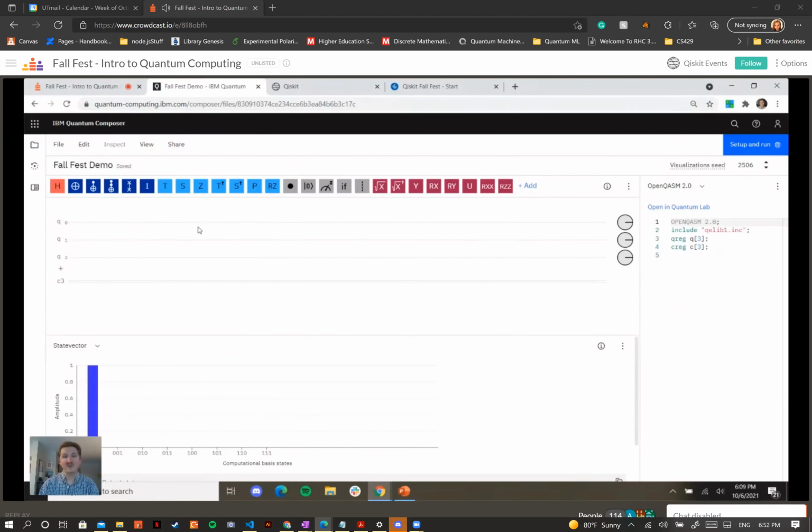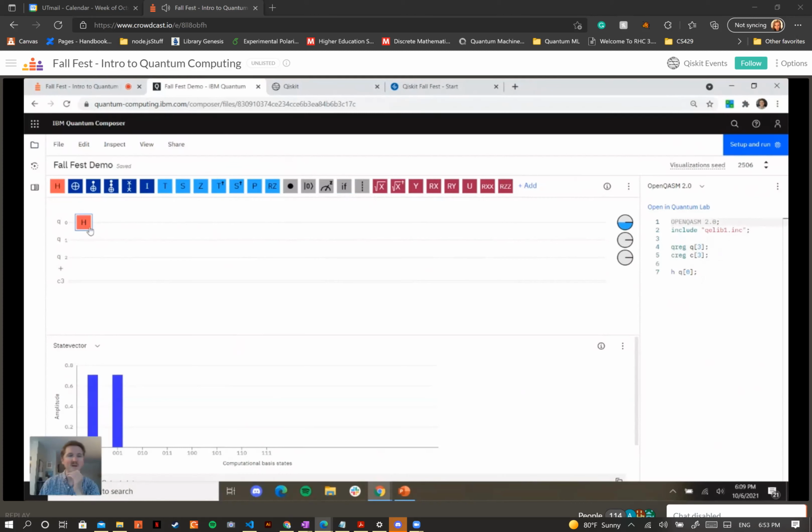Each line here represents a qubit. And as we move along the line, that represents our timeline of what we're doing to the qubit at different moments. On the right-hand side, you can see this Python code. This is actually created in real time. So as I drag one of these gates onto my timeline, you can see the Python code over here updates. And hint, this is Qiskit code. This is what Qiskit is.